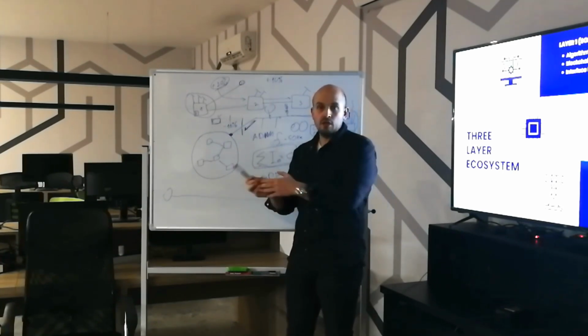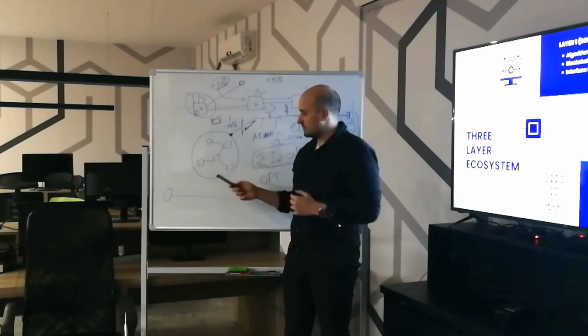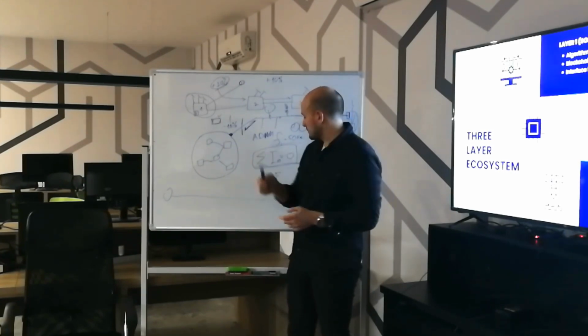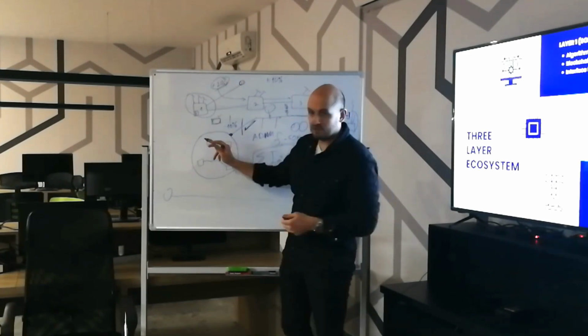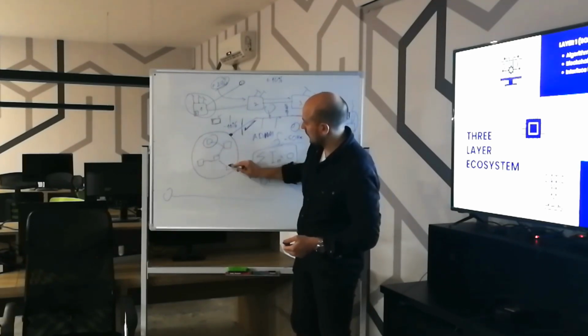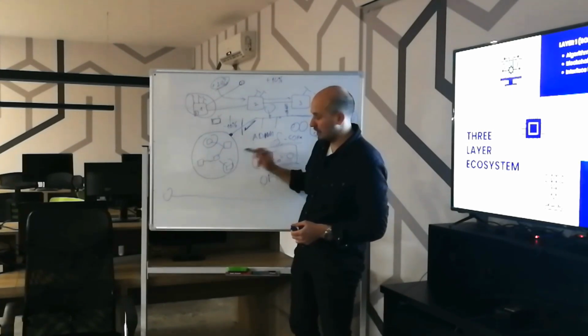Otherwise, we will have fluctuations in energy, and some households can be left without electricity. What we can do, as I explained here, is define what the most important objects are. For example, a hospital and a factory will have priority number 1 and priority number 2.